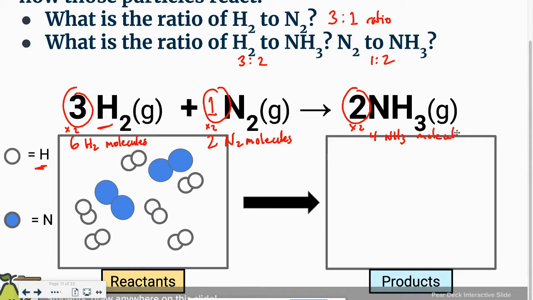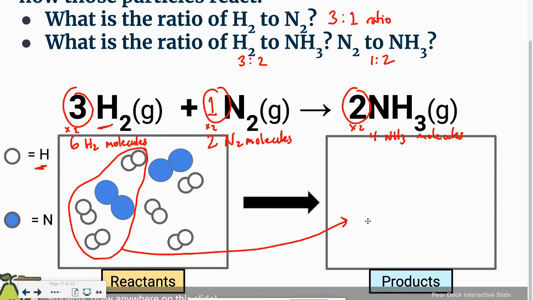Okay, the other way you could do it is, okay, I know I need to use 3 H2s and 1 N2 to make 2 NH3s. I'm going to group those together. Here's a group of 3 H2s and 1 N2. That's going to give me 2 NH3s. Oh, we've got to change to blue here.